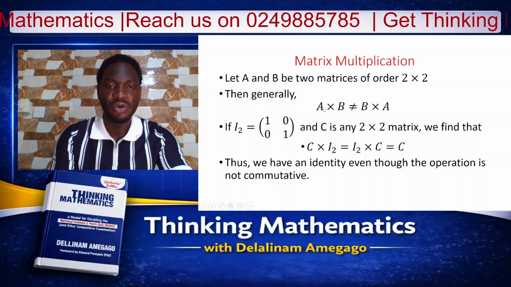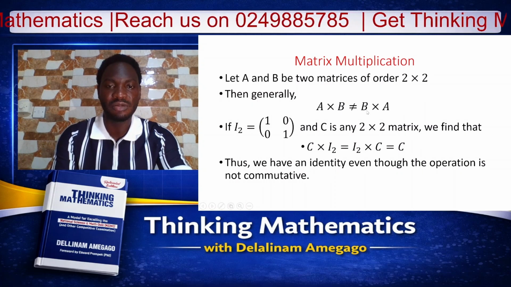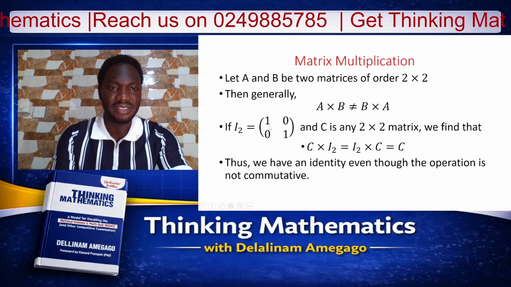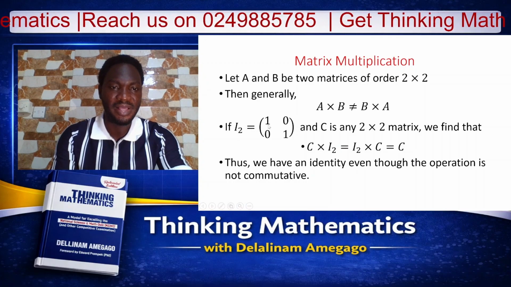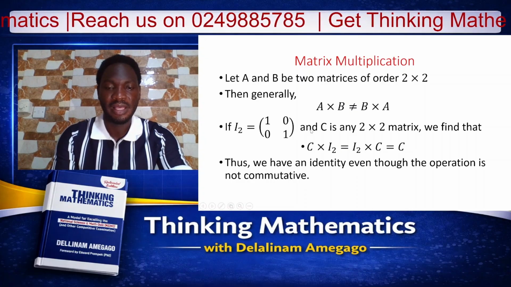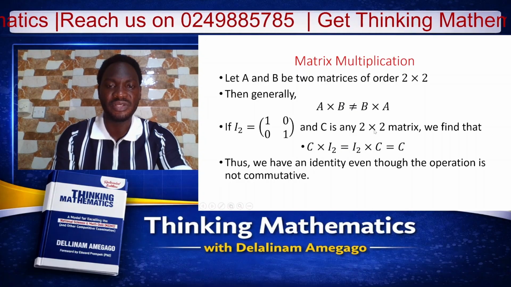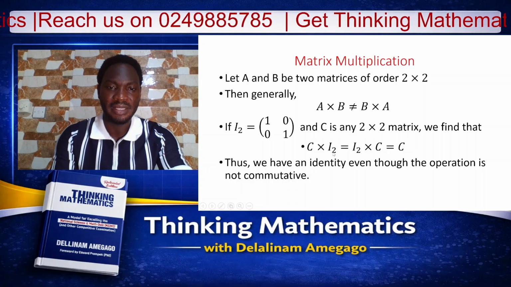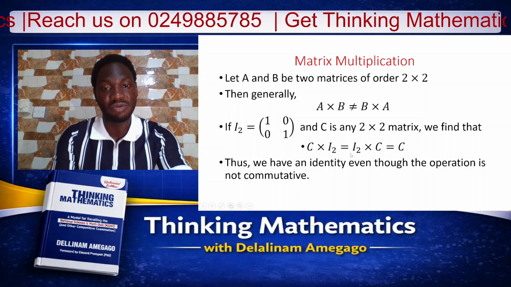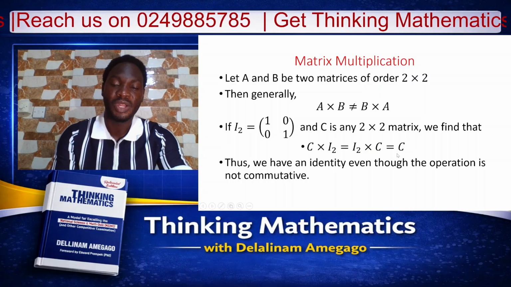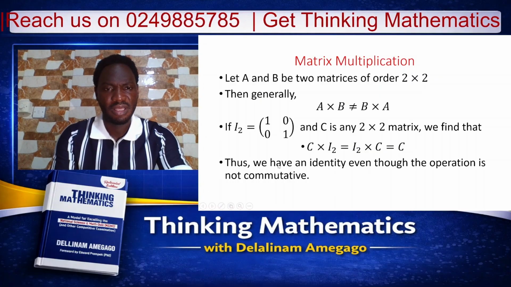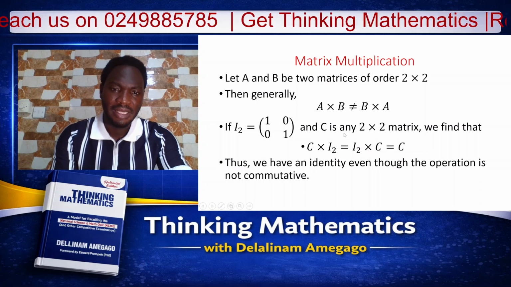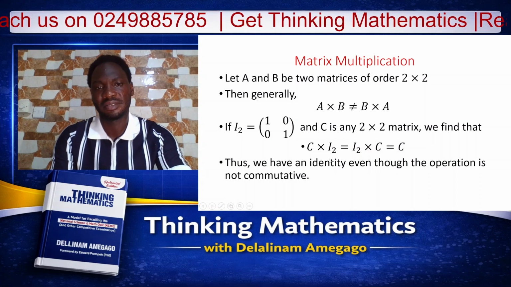Then we know that A times B is not equal to B times A. If I2 is the 2 by 2 matrix with elements 1, 0, 0, 1, and C is any arbitrary matrix of order 2 by 2, we find that C times I2 equals I2 times C, which equals C. By this behavior, I2 is the identity matrix.